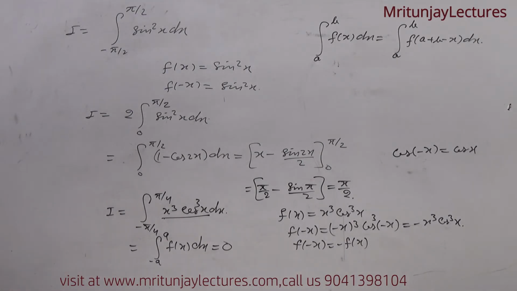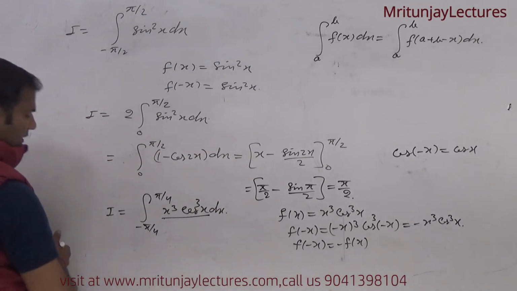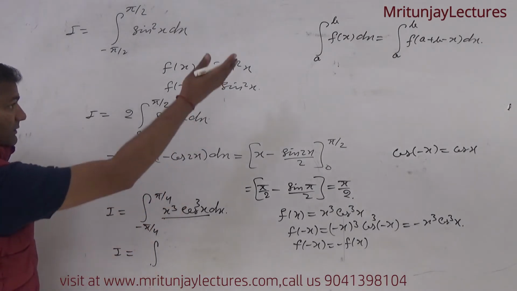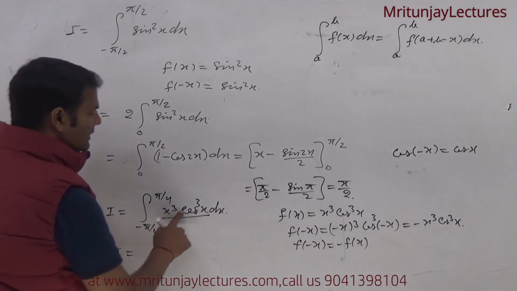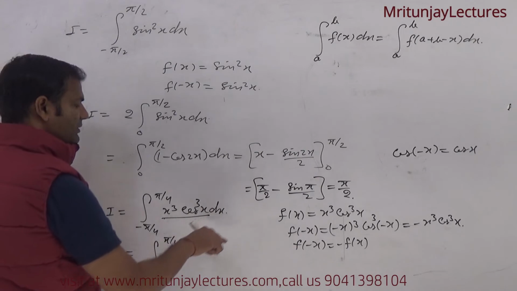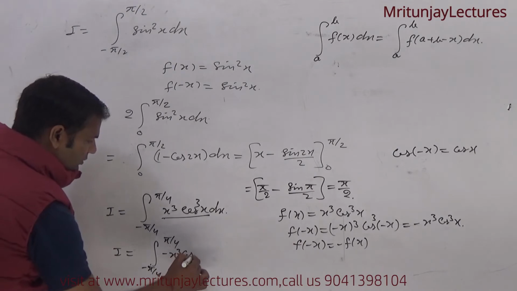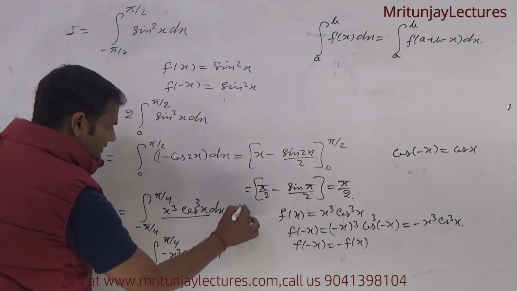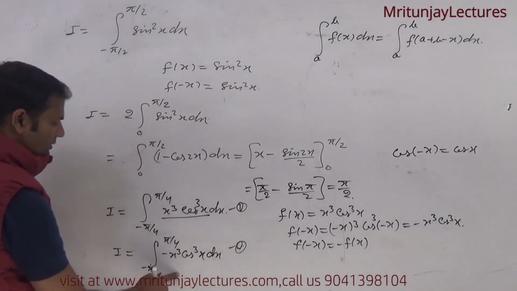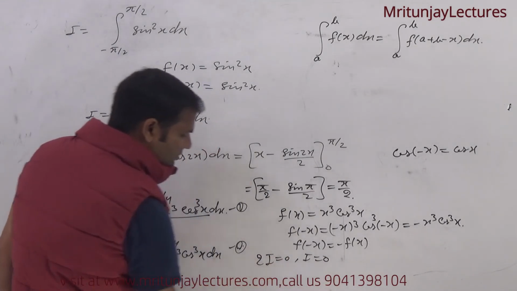Otherwise, if any doubt, apply this property from −π/4 to π/4, and we get minus x³ cos³x dx. This is 1 and that is 2. From 1 and 2, 2I equals 0. So I is 0.